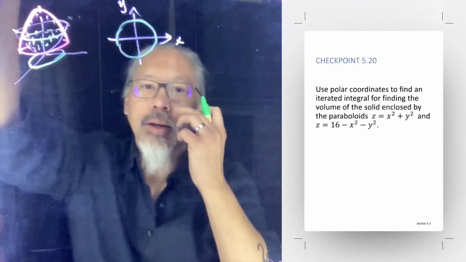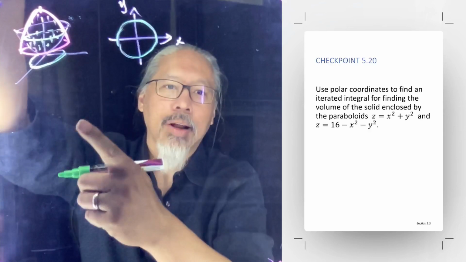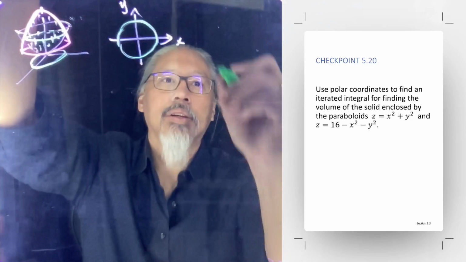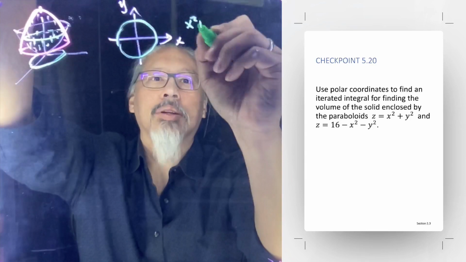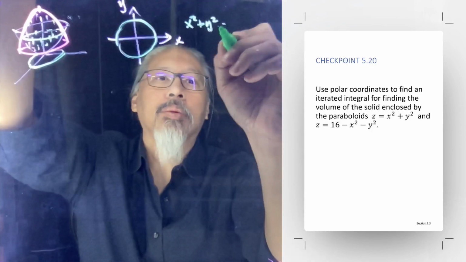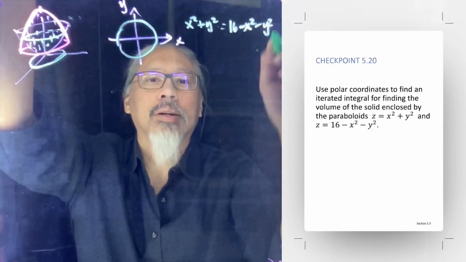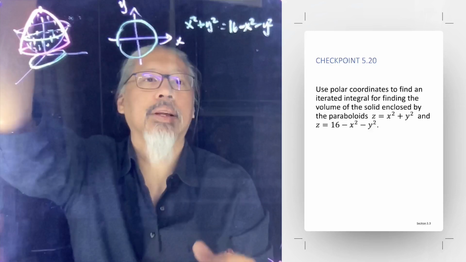So to find that intersection, it's where the z parabolas are equal to each other. We have x squared plus y squared as the bottom parabola going up. We want to set that equal to 16 minus x squared minus y squared, the upside down parabola going down.